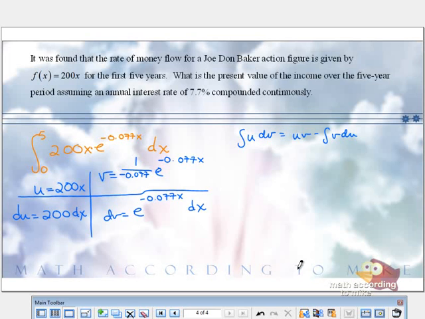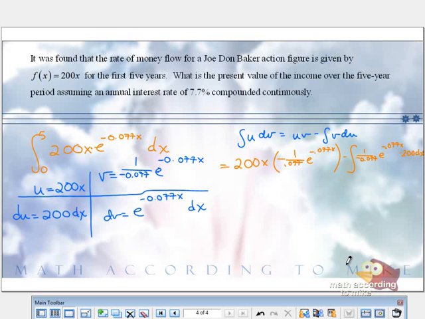So we're going to have u times v minus the integral of v du, 200 dx.